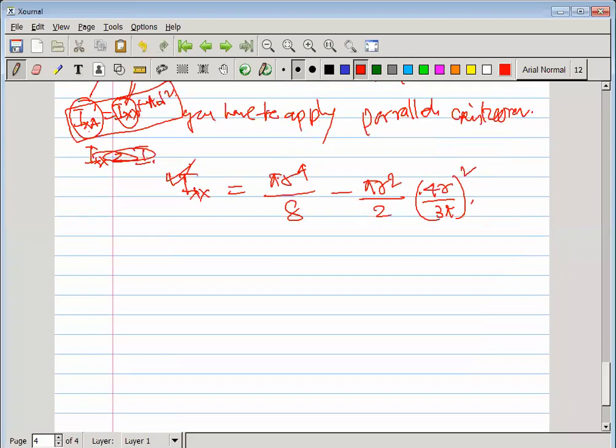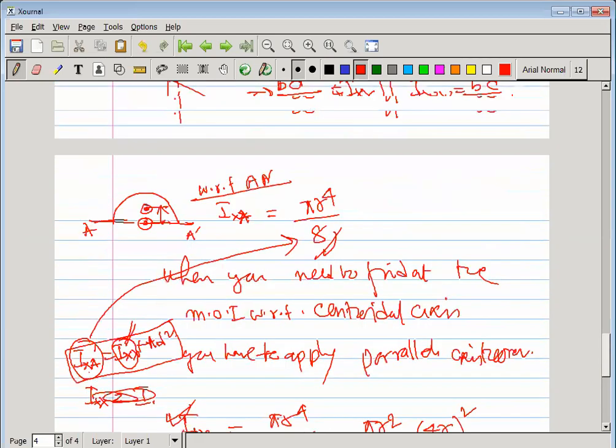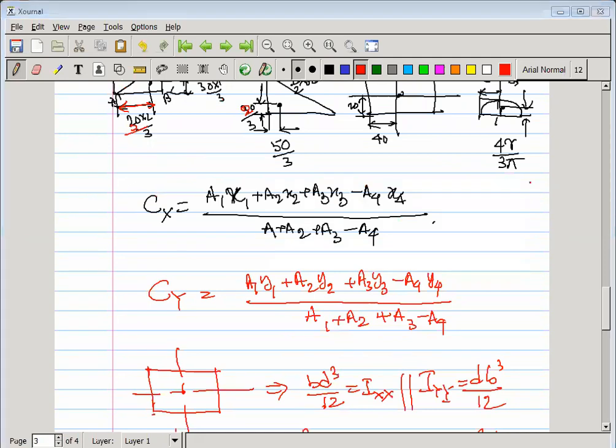Now what you have to do? Simply start finding the moment of inertia of this composite section. Suppose this is your body, and suppose you already found the cx value and cy value.